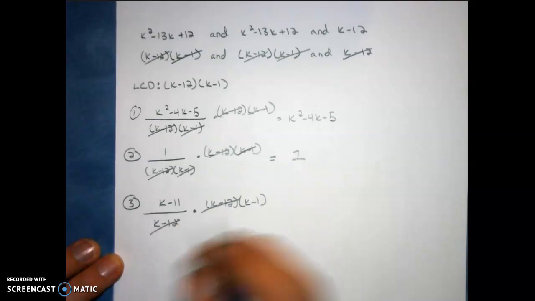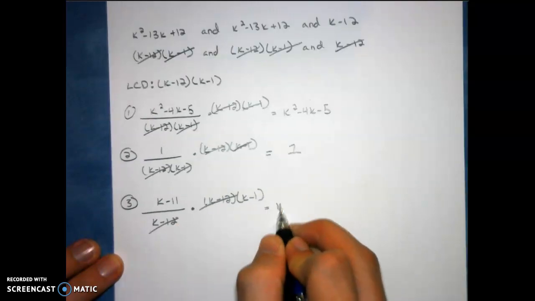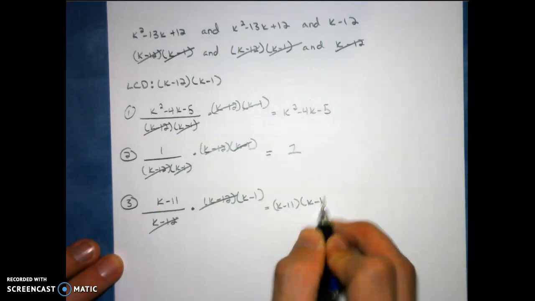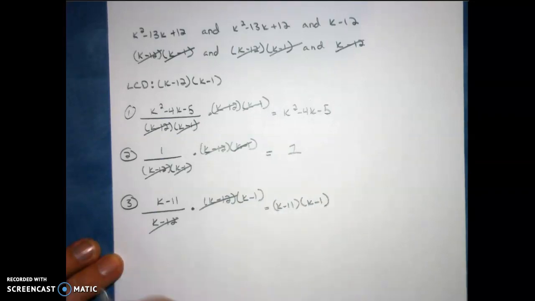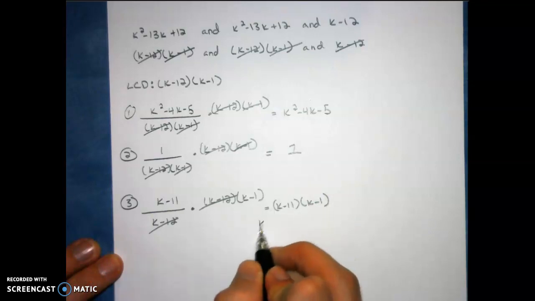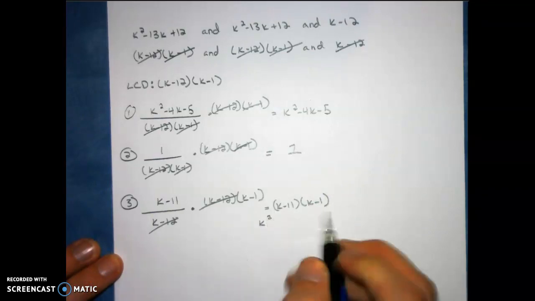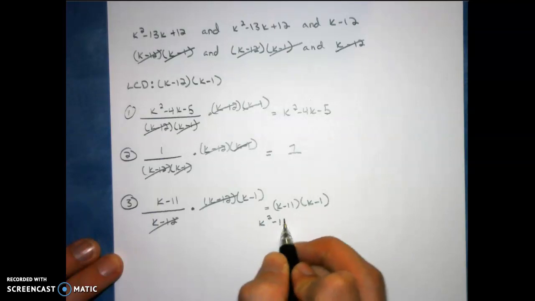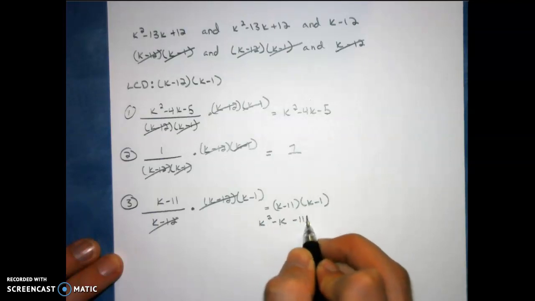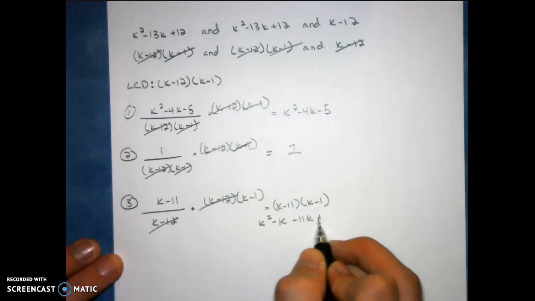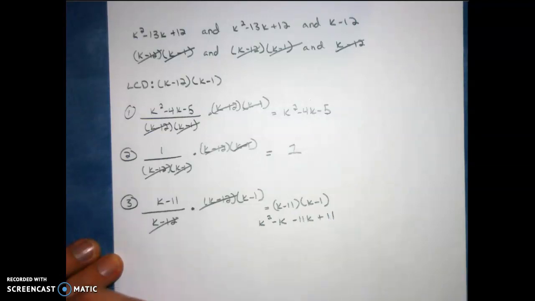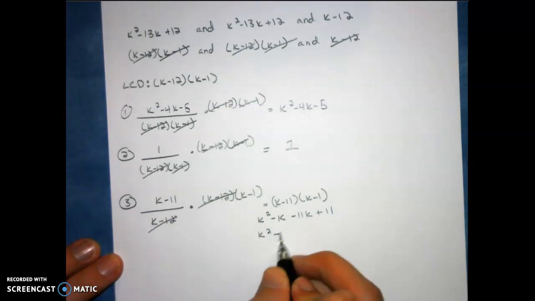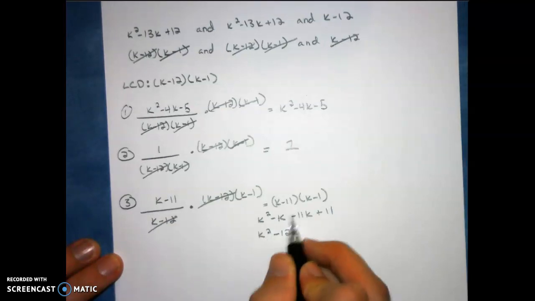The k minus 12's cancel. Then we're left with k minus 11, k minus 1. I'm going to double distribute this. So we have k squared minus k minus 11k plus 11. This becomes k squared minus 12k plus 11.